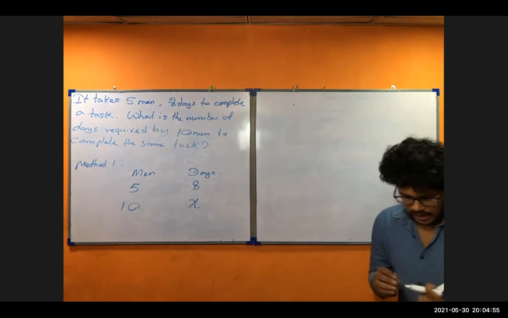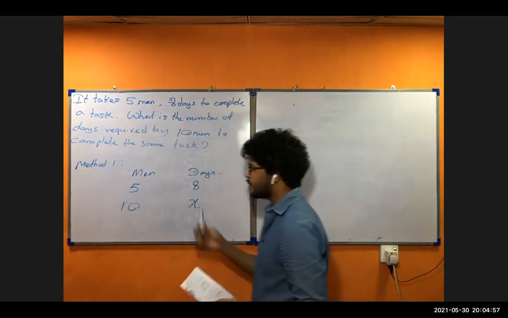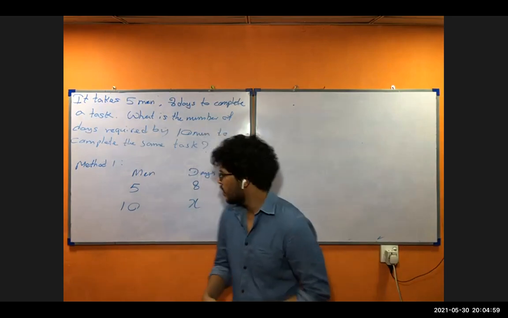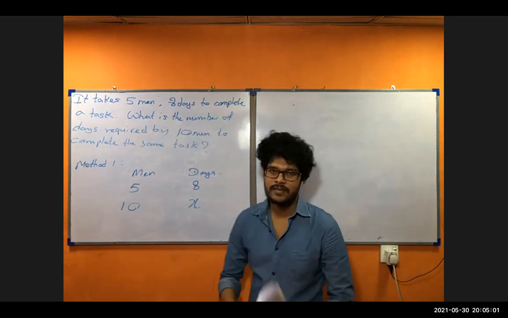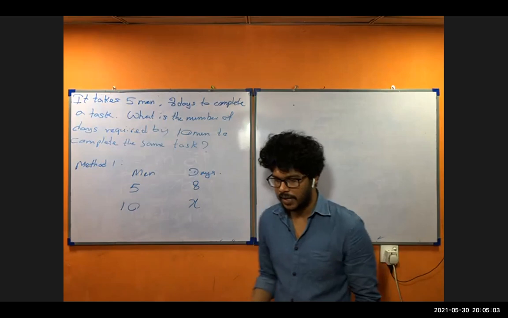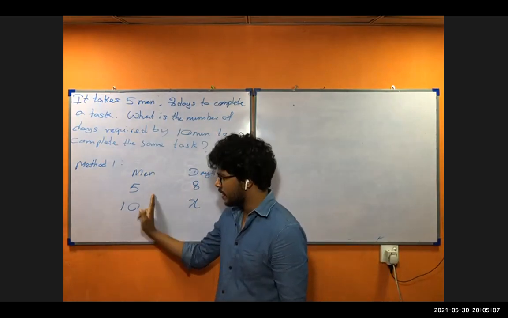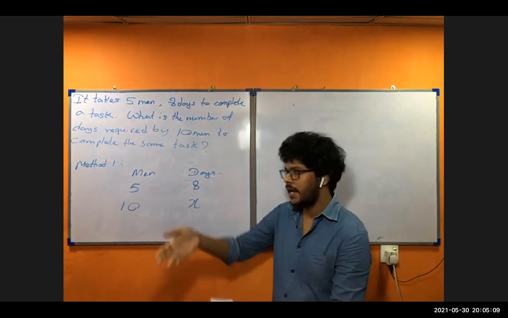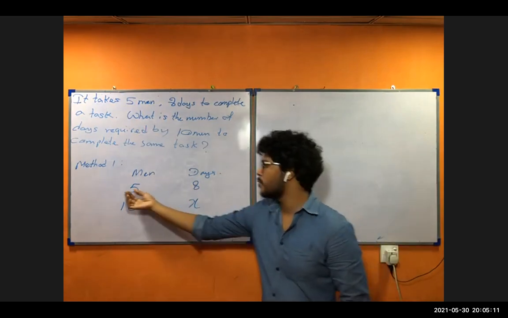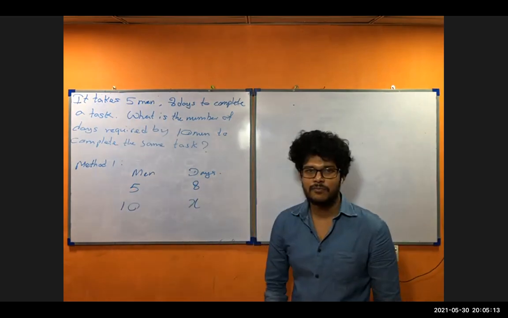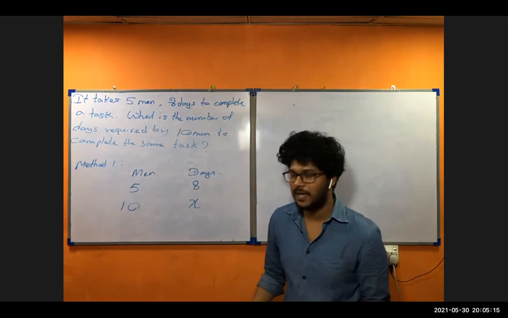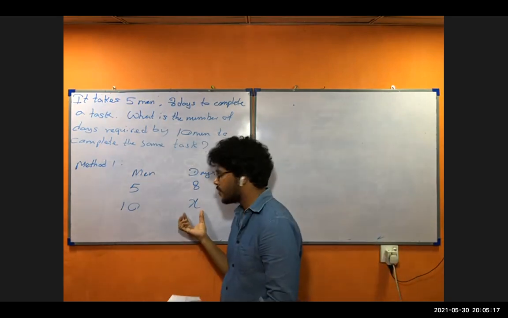Now let me identify whether this is direct proportion or indirect proportion. It is the same work. Say I have to paint a house and 5 men can finish the work in 10 days. What if other friends of mine came? Then the work will be faster.